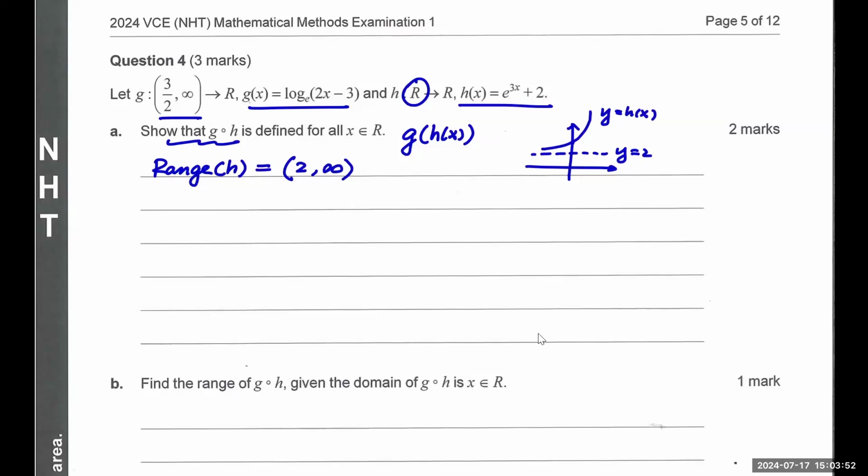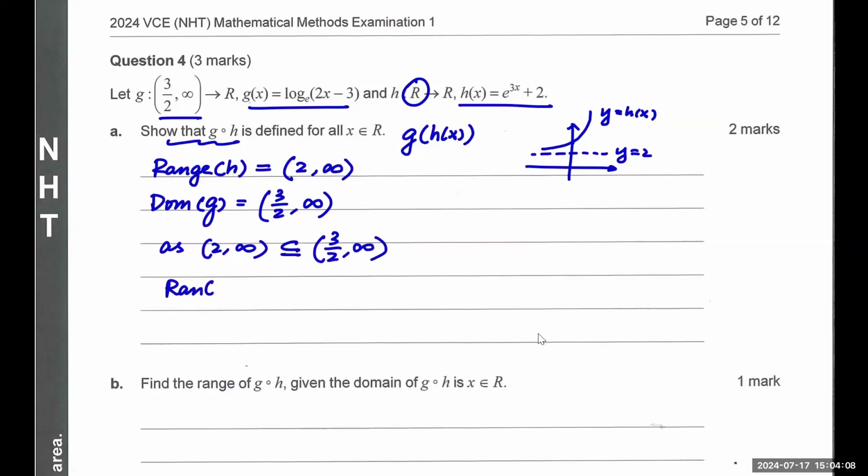And the domain of the outer function g is 3 over 2 to infinity. As 2 to infinity is a subset of 3 over 2 to infinity, the range of h is a subset of the domain of g. Therefore, g of h is defined.